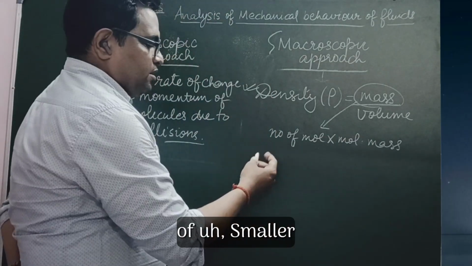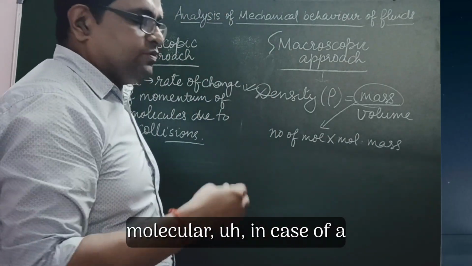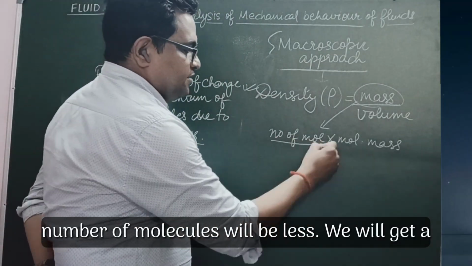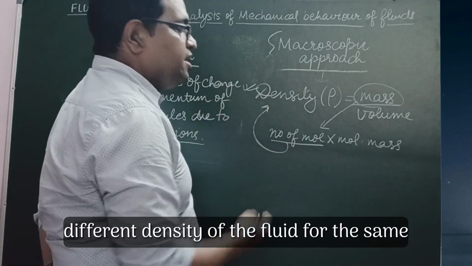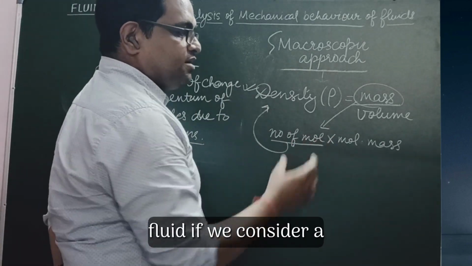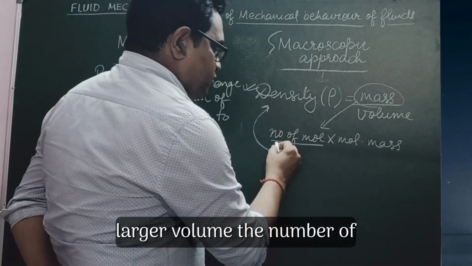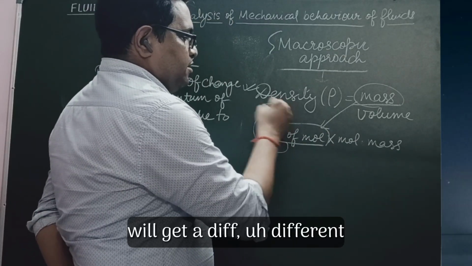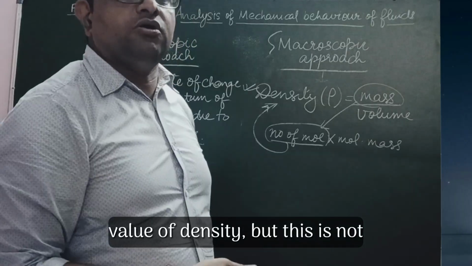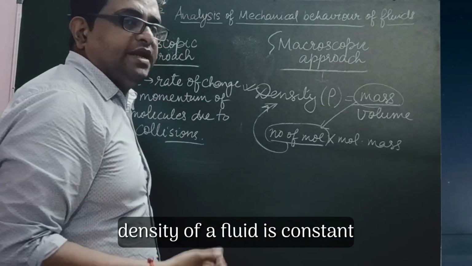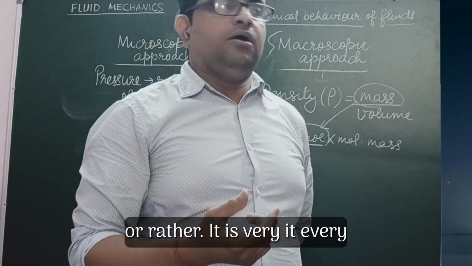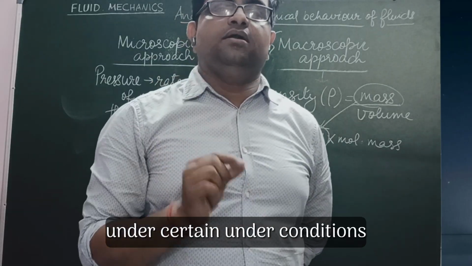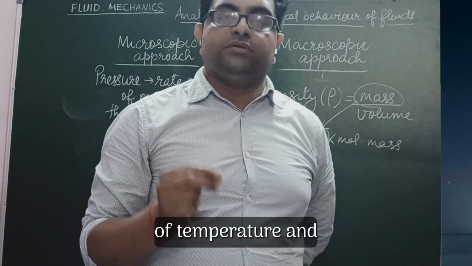For a small volume, if the number of molecules is less, we will get a different density of the fluid. For the same fluid, if we consider a larger volume, the number of molecules will be more, and obviously we will get a different value of density. But this is not true, because the density of a fluid is constant; every fluid has a specific density under certain conditions of temperature and pressure.